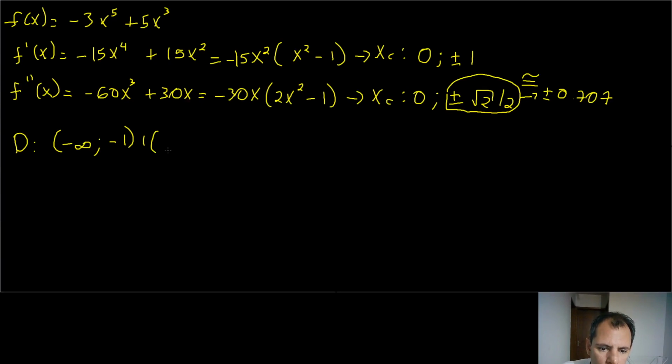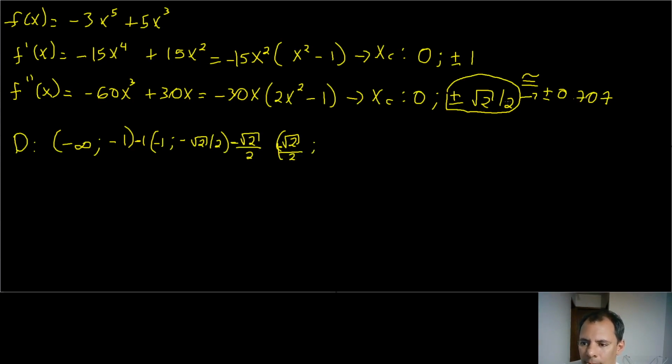Then you have a -1, and then all the way to negative square root of 2 divided by 2. Actually, it's negative, right? Negative here, negative here.